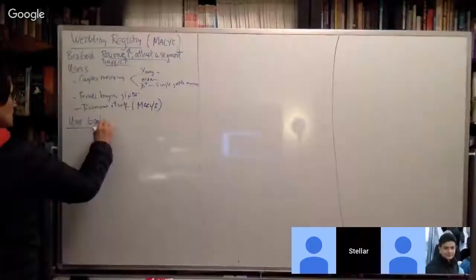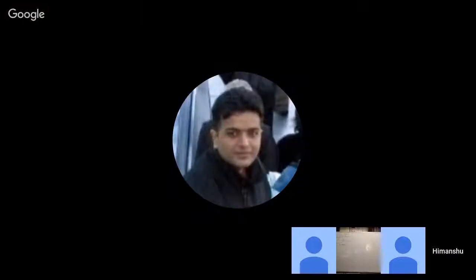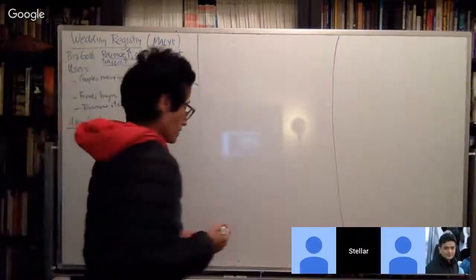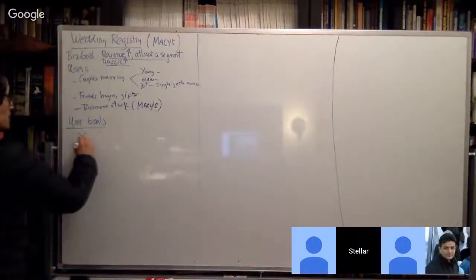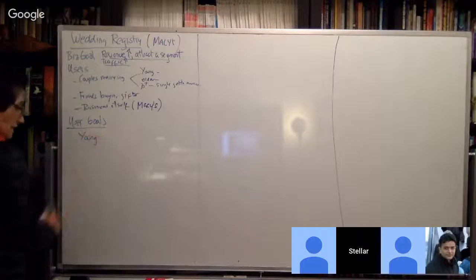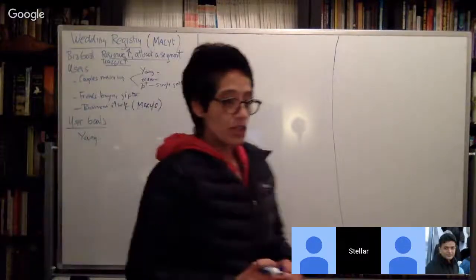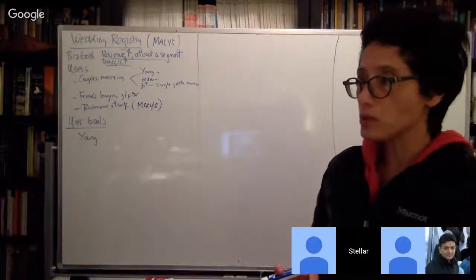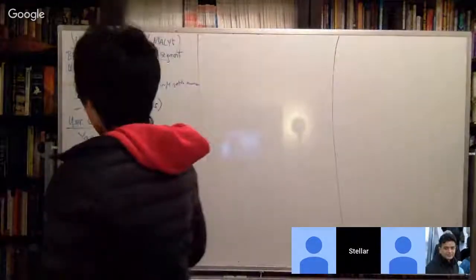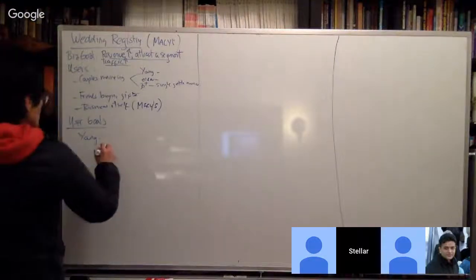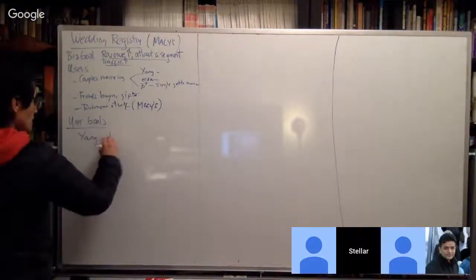Okay. So let me start, and then you guys can tell me what you think. So, for the young couples, now, to differentiate between these users, I have to look at differences that matter in terms of the product itself. So I think that young couples, they don't have anything.